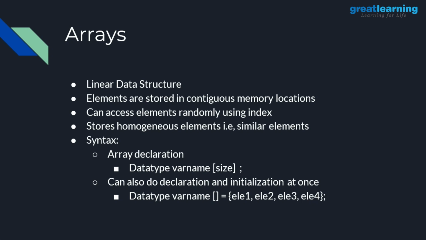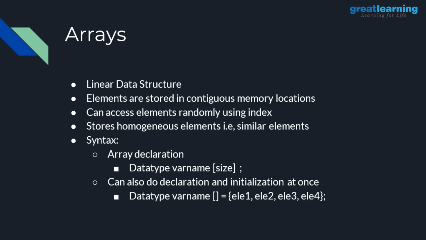Basically, if you're trying to store an element whose data type is integer, I'm talking about a 32-bit operating system here, the size of int is 2 bytes. If it is 64-bit, it is 4.